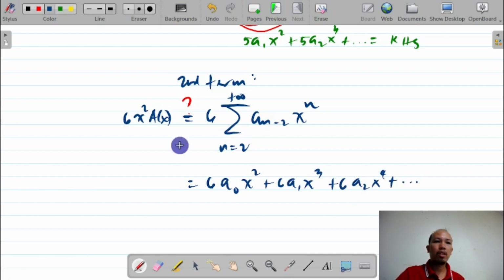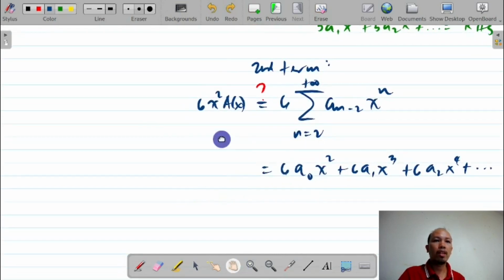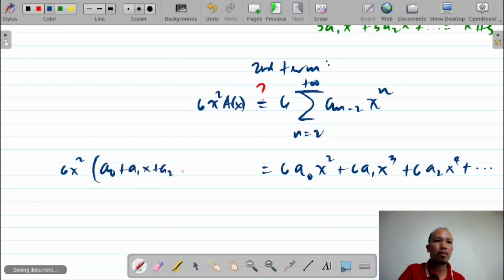How about the left hand side? On the left hand side we have 6x squared, we have a sub 0 plus a sub 1 x plus a sub 2 x squared plus dot dot dot.